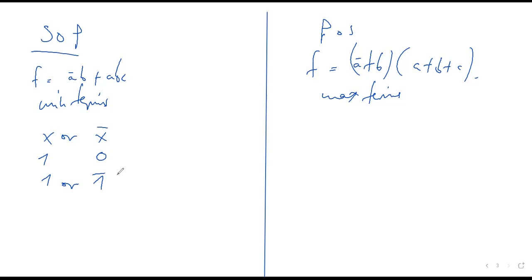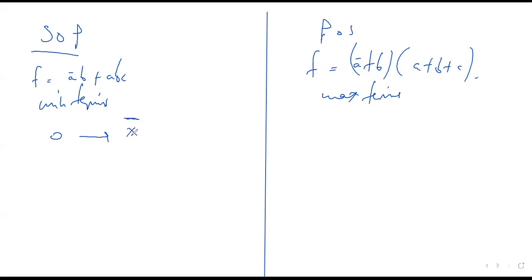A min term is a variable complemented if its value is 0. Otherwise, it is uncomplemented. So that is the definition of a min term. If its value is 0, then it is complemented.